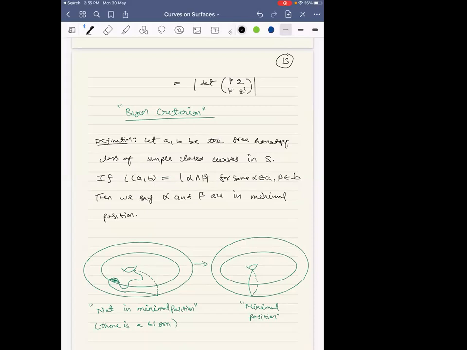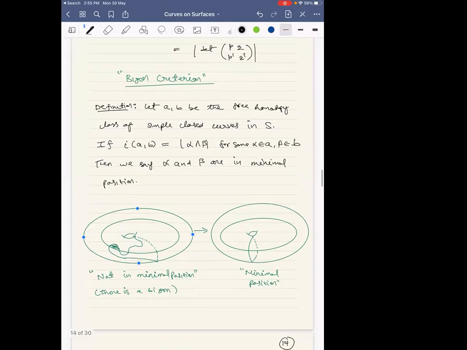So here is the definition. Let a and b be curves in S. If the geometric intersection number of a and b is realized by these curves alpha and beta, then we say alpha and beta are in minimal position. For example, in the picture you can see there are two curves, let me name them alpha and beta.